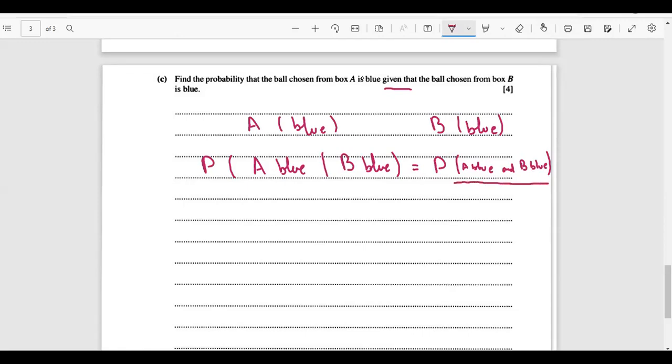So we'll divide it by the probability of getting a blue ball from box B.